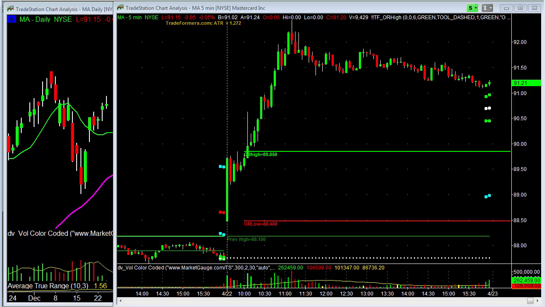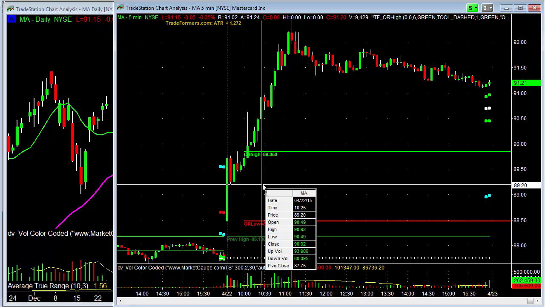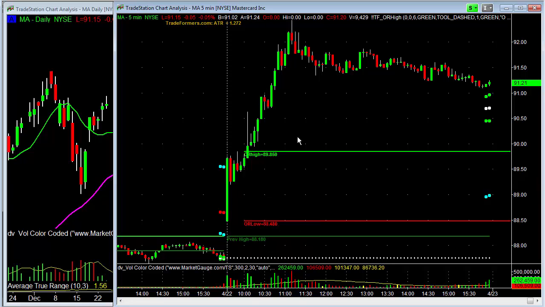Oh, and I almost forgot. News did eventually come out. I use Briefing as my source of news, and it's generally a great source of news. So no hard feelings against Briefing. But it was not until 10:25, so this bar right here, that the briefing news came out that there was news out of China that had lifted the stocks.